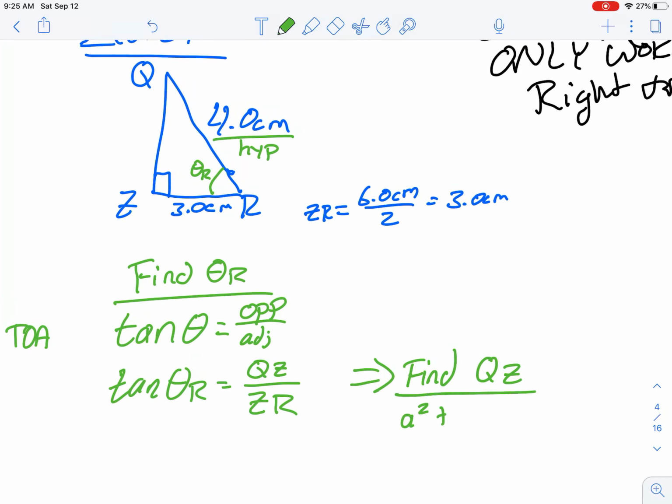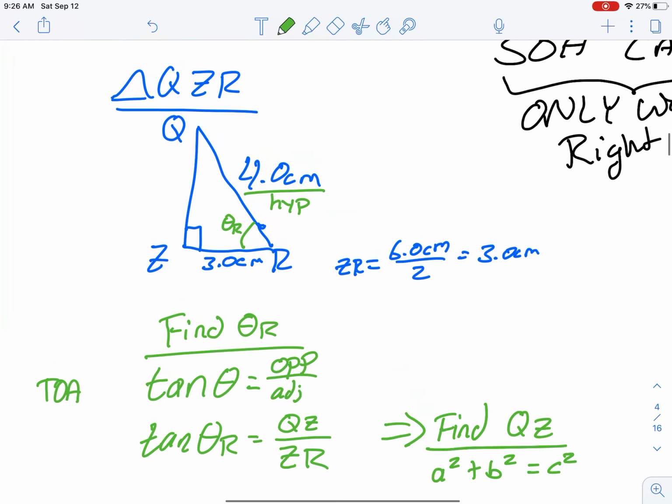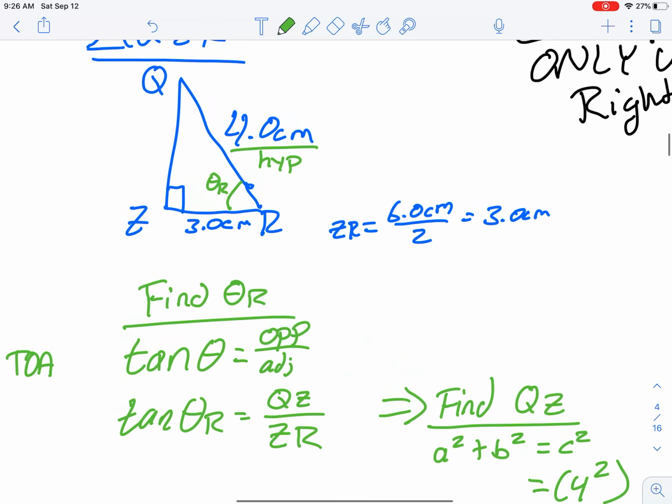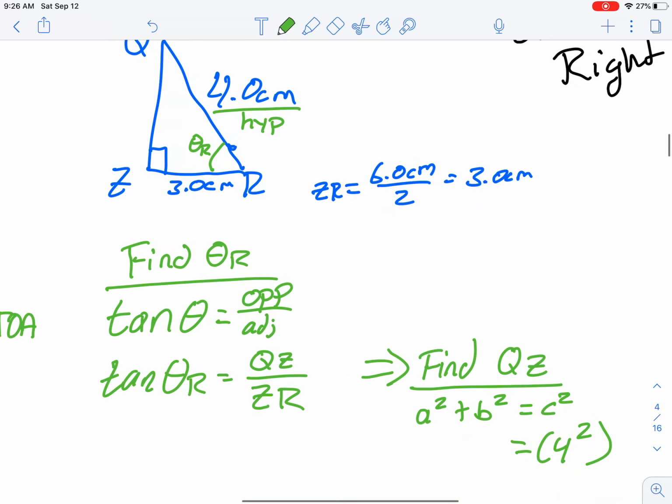So remember, a squared plus b squared equals c squared. The biggest important thing with this formula is c has to be the hypotenuse. So in this case, it would be 4 centimeters squared. Remember, as soon as you find your hypotenuse, a and b are kind of interchangeable.